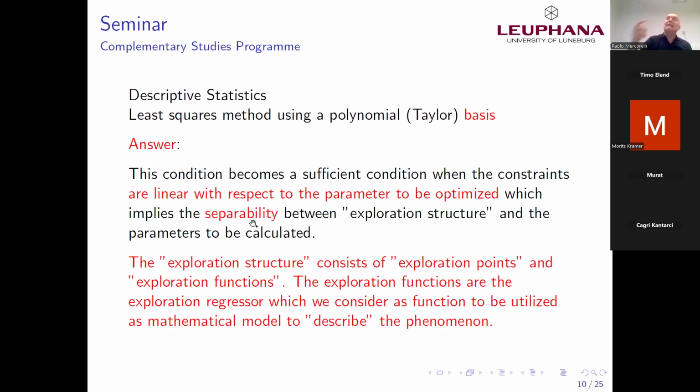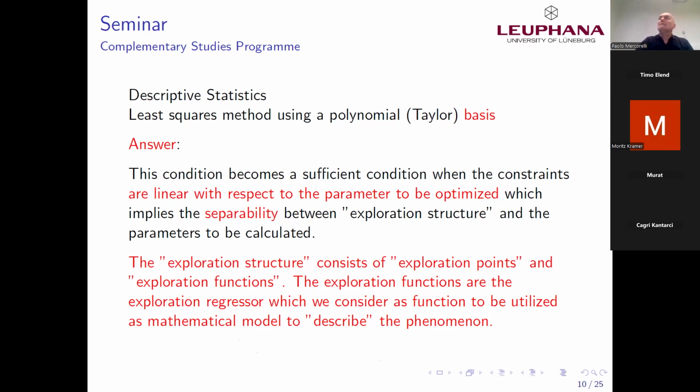I already commented on this aspect, and you can find this slide again, a little bit what I already told you. We can see here again that these approximation functions or regressors are basically our model to describe the phenomenon.